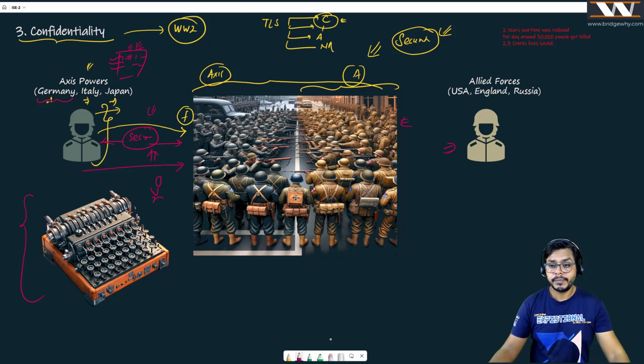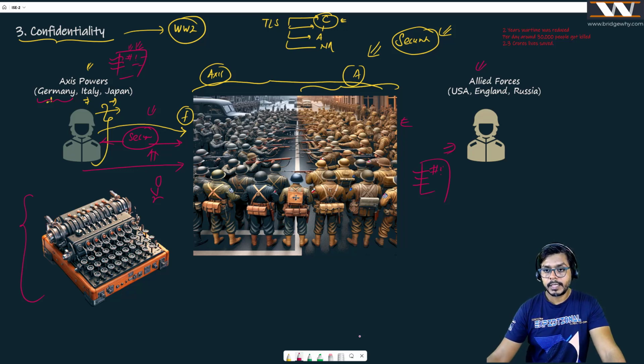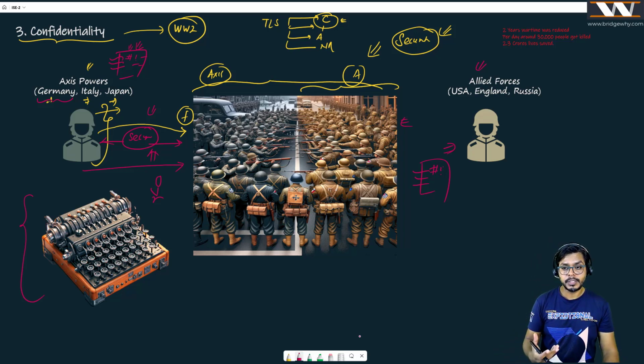And most of the time, the Allied forces were getting all these messages because they also had good interceptors, right? But every time they got these messages only in this format, and that is why they couldn't get all the information. And the information they could get from these messages is huge.